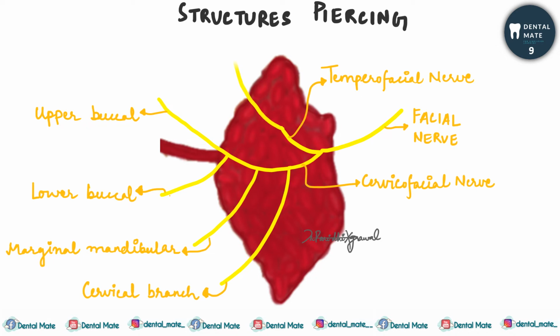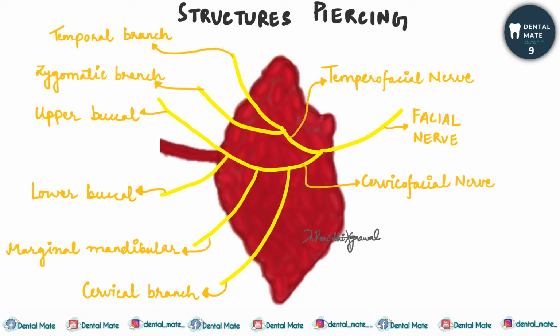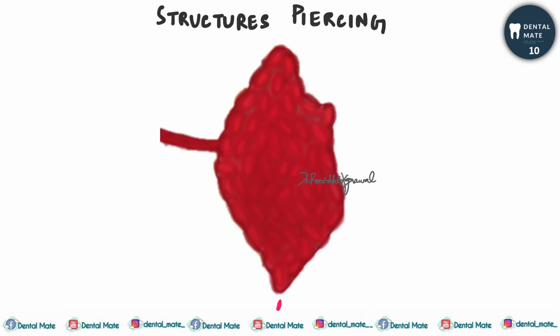The temporofacial nerve divides into two, the temporal branch and the zygomatic branch. So this is the course of the facial nerve, a structure passing through the parotid gland, and the branches it gives out along its course. Next is the artery, which is the external carotid artery.